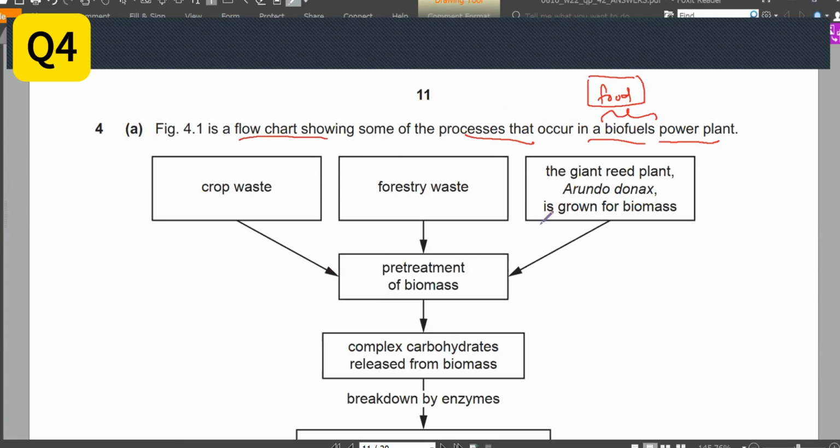This is another environmentally friendly way to produce energy. When we cannot eat it as food, we can convert it to energy to be used.